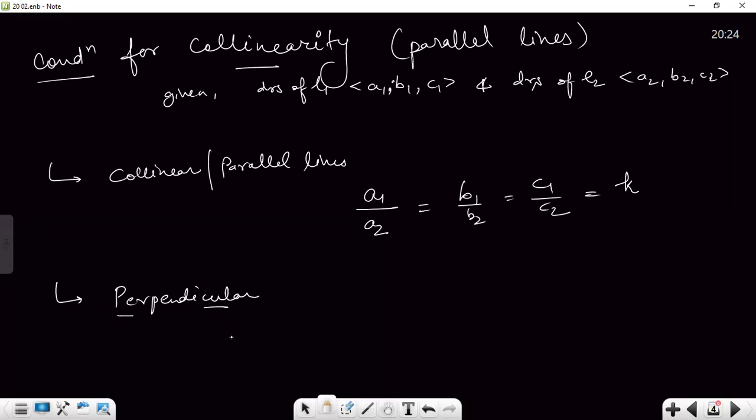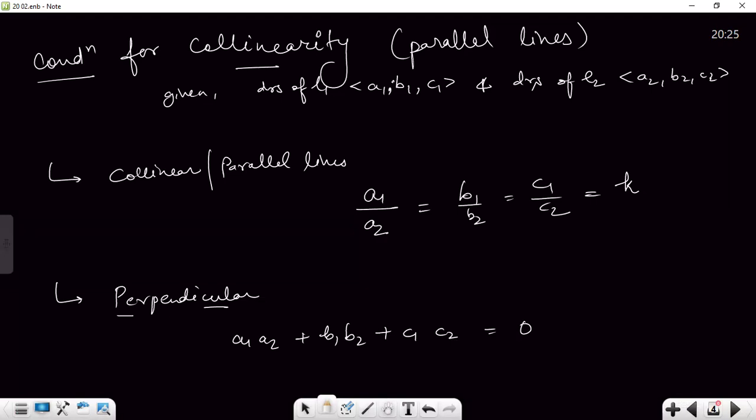then the sum of the products will be 0. If you ask me how, then remember the formula of angle between two lines, cosine of theta, which was the dot product.